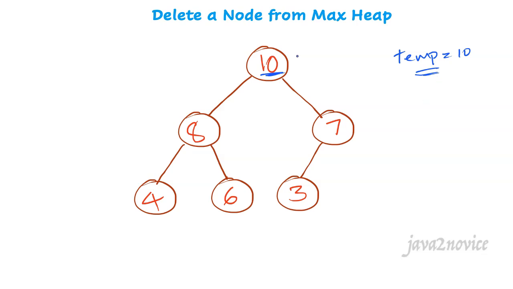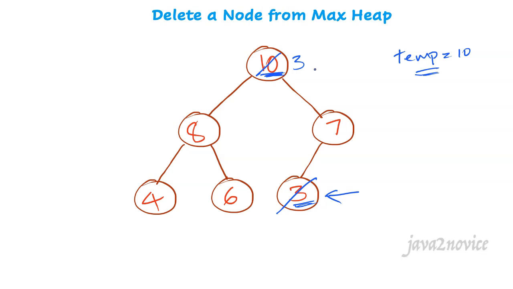Now, as a second step, replace the root node value with the last level rightmost node value, which is ideally the last node in the tree. So here 3 is the last node. Now we will remove this node and replace the root node value with this. We need to make sure that the tree is strictly following the max heap property.